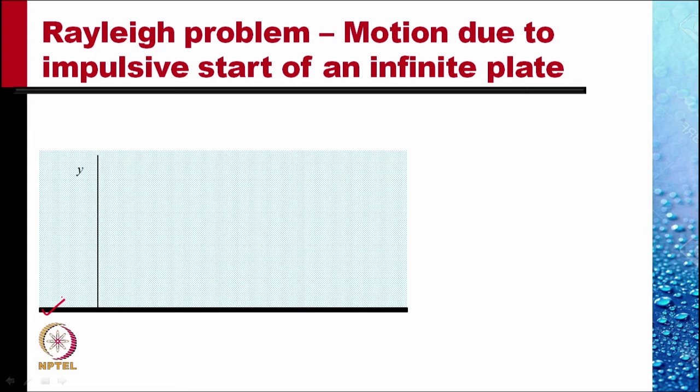The plate is stationary. At time t is equal to 0, this plate suddenly starts moving with the velocity V or V naught. What happens to the fluid on top?